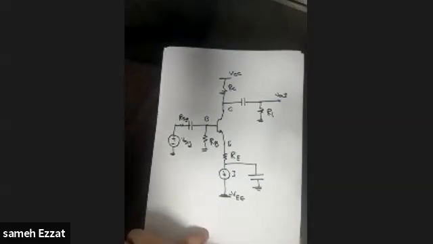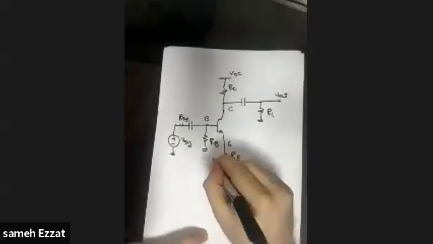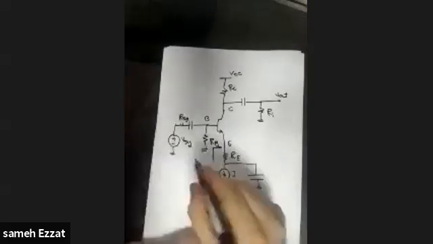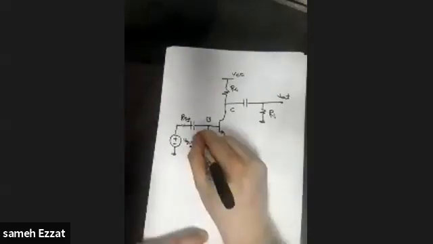Now we have to find the three main unknowns: the input resistance, the output resistance, and also what's called the gain. For the input resistance, in this example, you will have to find two types of input resistance. First, you will find the input resistance here at this stage, and also you will find the input resistance here at this stage.